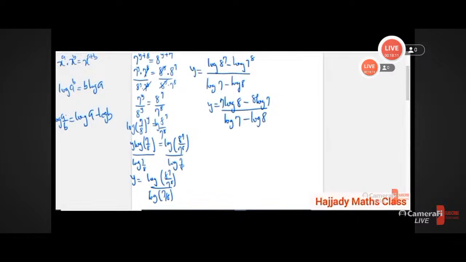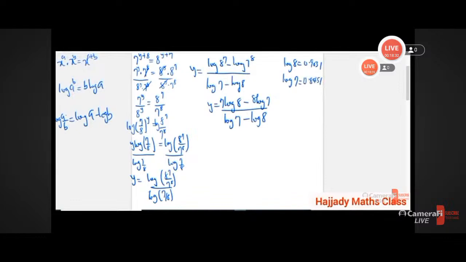Using our calculator, we have that log 8 is 0.9031, and my log 7 equals 0.8451.